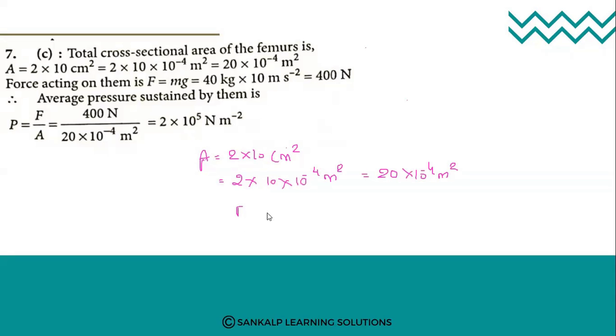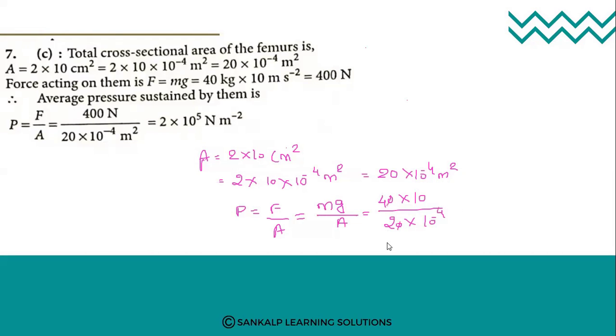So the pressure is equal to force upon area. We have the area, but we don't know the force. For force, we use mg upon area. Mass is given as 40 kg into acceleration due to gravity 10, upon area 20 into 10 to the power of minus 4.